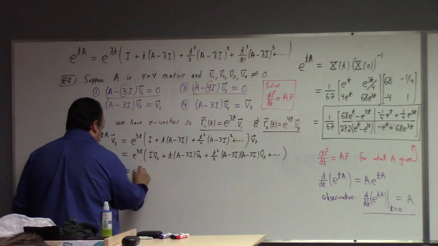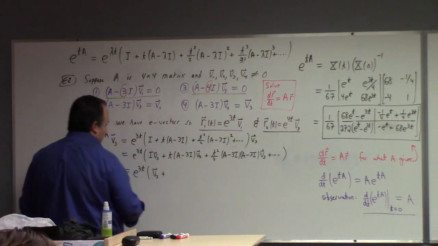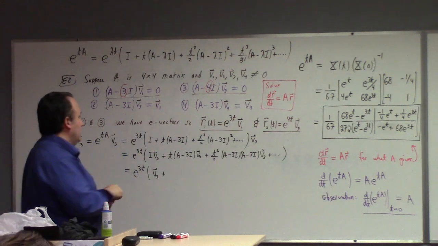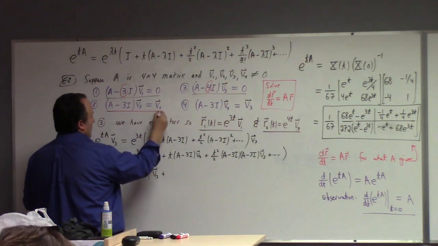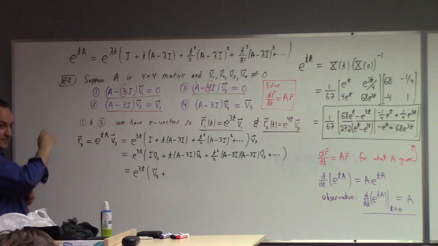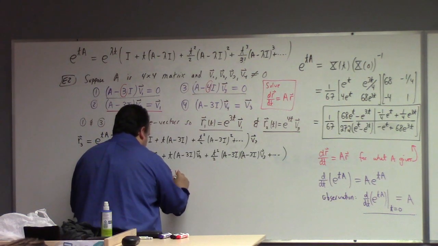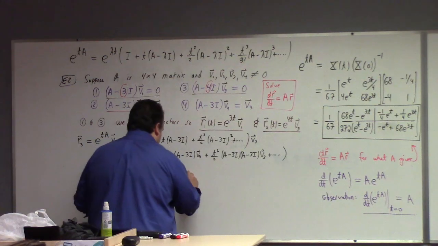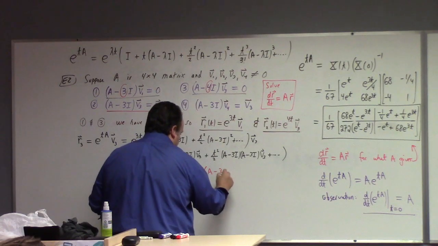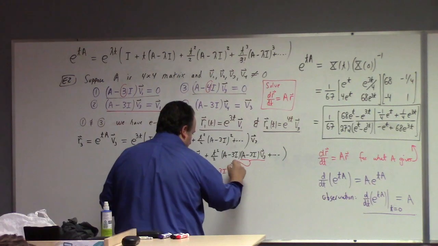We have e to the 3t times v3 plus what? We're given right here that A minus 3I times v3 is equal to, not 0, but v1. So I have v3 plus t times v1. Then I have plus t squared over 2 times A minus 3I times v1. See, because this right here is v1.